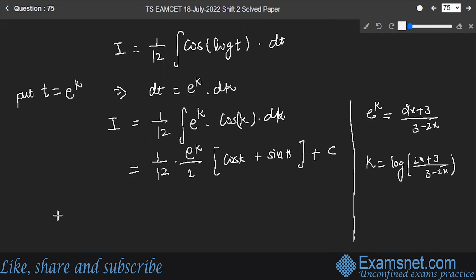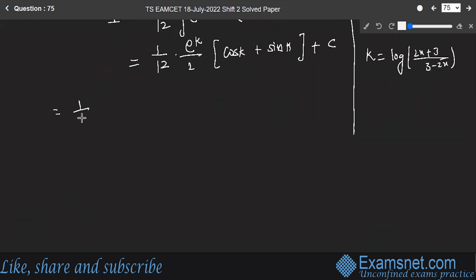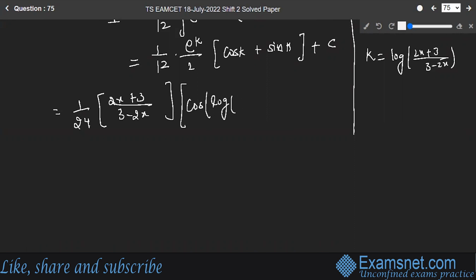So therefore, this whole thing will become 1 by 24 into (2x plus 3 upon 3 minus 2x) multiplied by cos of log of (2x plus 3 upon 3 minus 2x) plus sine of log of (2x plus 3 upon 3 minus 2x).